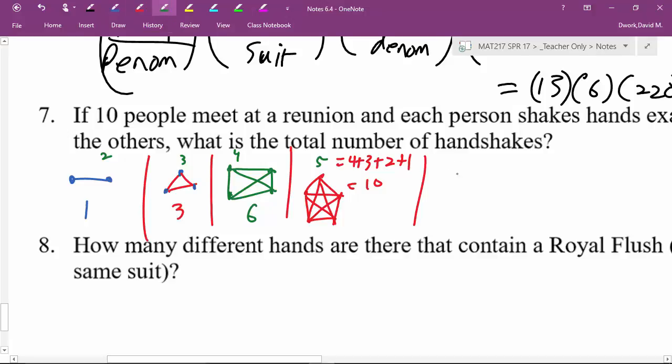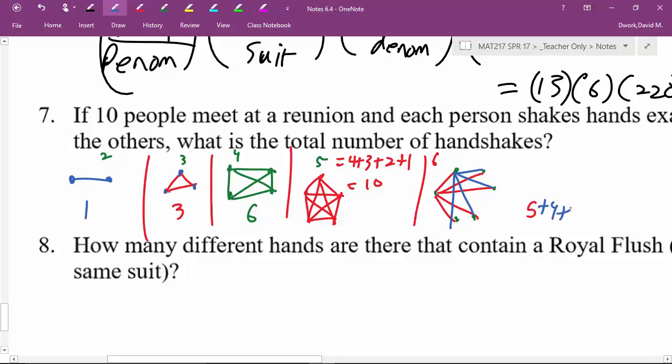Are you seeing a pattern? So if there were 6 people, 1, 2, 3, 4, 5, 6. The first person would shake hands 5 times, because everybody but themselves. Now the next person has already shaken hands with the first person, but still has to shake hands with everybody else, so there are 4 people left.